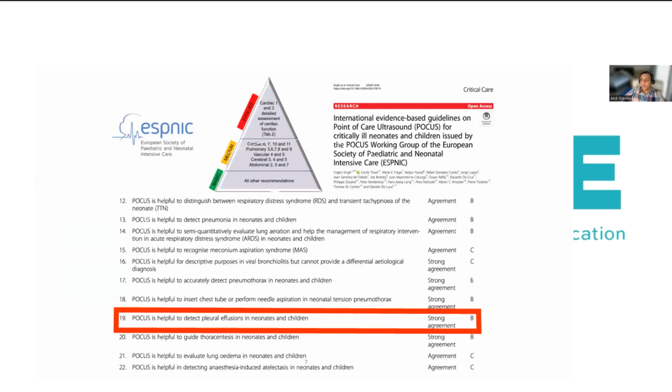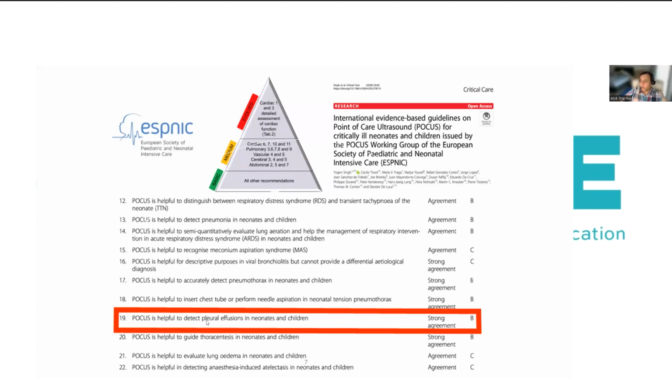If we look at the evidence, it is now internationally endorsed. The European Society of Pediatric and Neonatal Intensive Care has given recommendations on how to use point-of-care ultrasound to diagnose and manage various respiratory conditions.